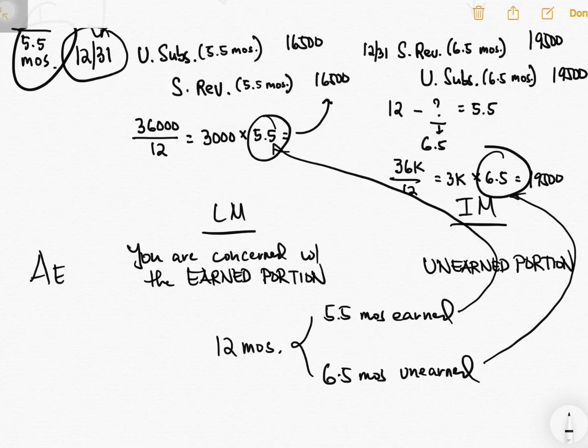That's why I multiplied the monthly revenue by 6.5, no? So, to repeat, whenever you are doing the adjusting entry for the liability method, you are concerned with the earned portion, what you earned this year. But if you are doing the income method, you are concerned with the unearned portion, meaning the number of months you have left after this year.